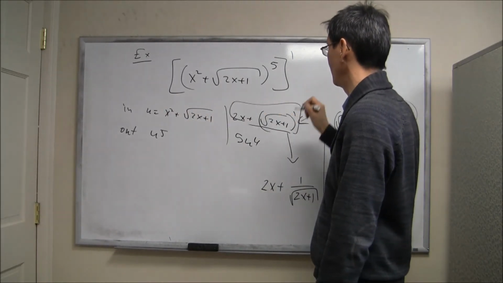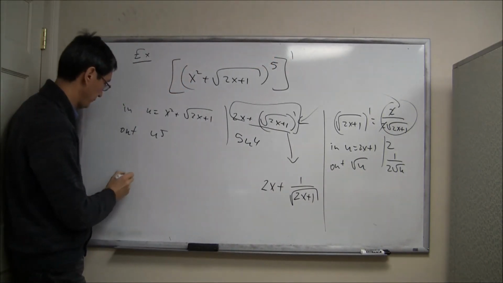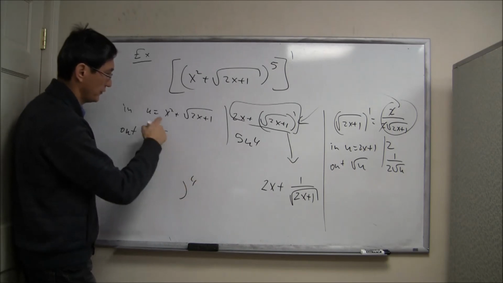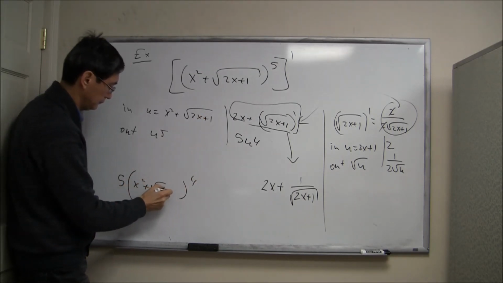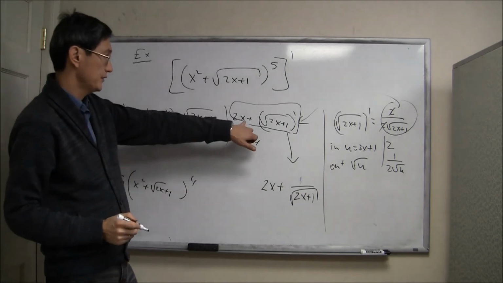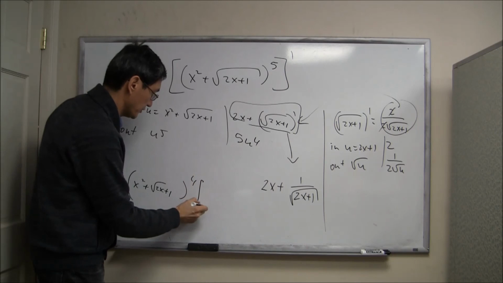So we get our final answer to be 5 to the 4th power this guy times derivative inside, which is going to be that expression.